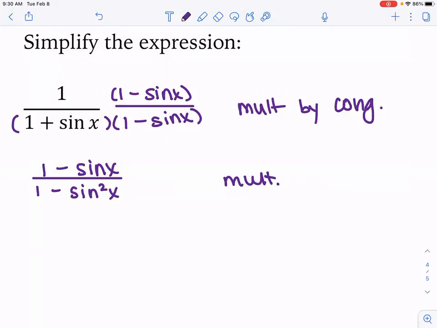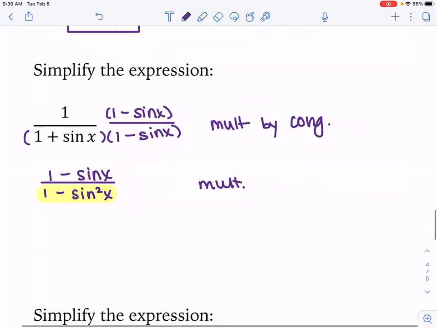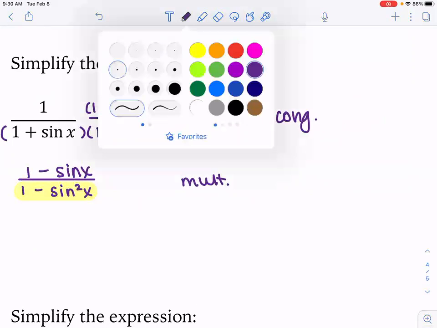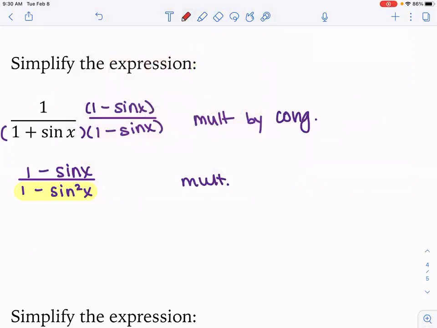What do you notice? One minus sine squared. Cosine. Okay, remember we have this Pythagorean identity that we're going to have to be able to work with as is and moved around a little bit.